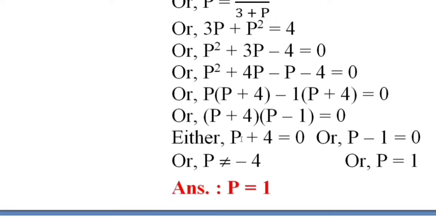Either P plus 4 equals 0 or P minus 1 equals 0, so P equals minus 4 or P equals 1. So the answer is P equals 1.